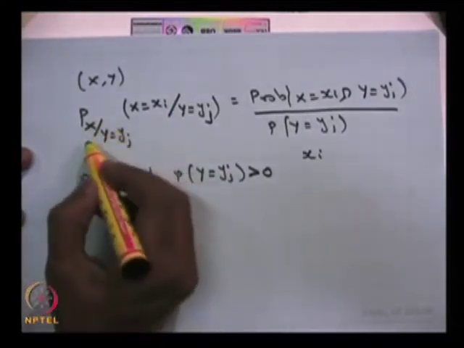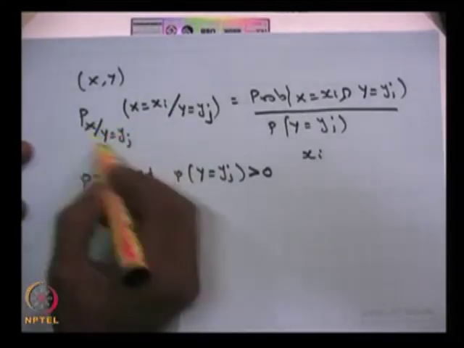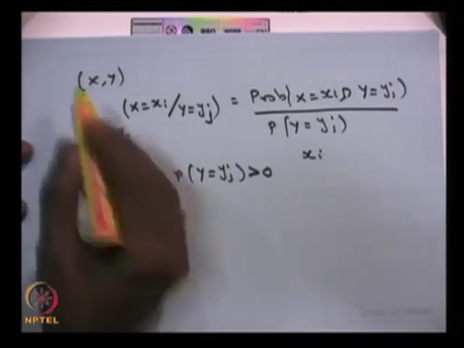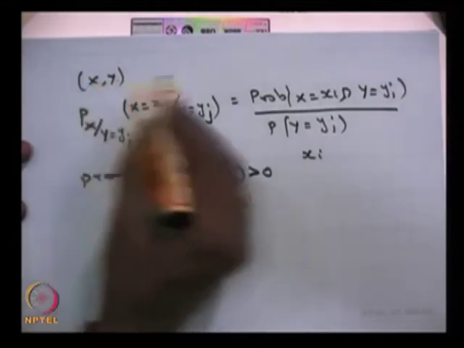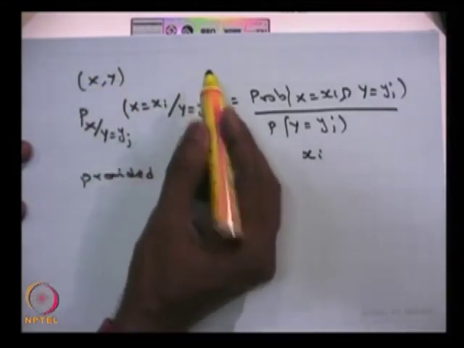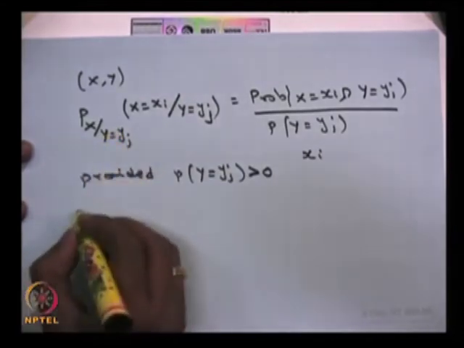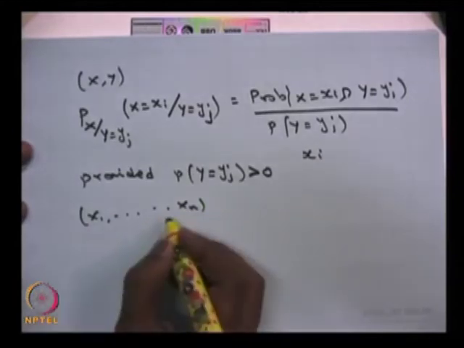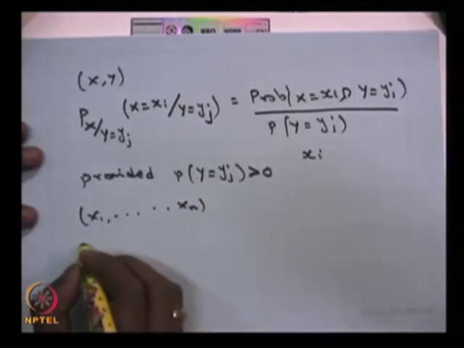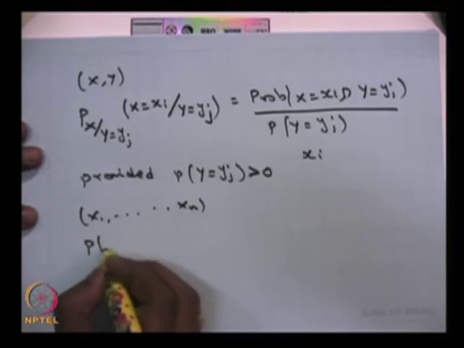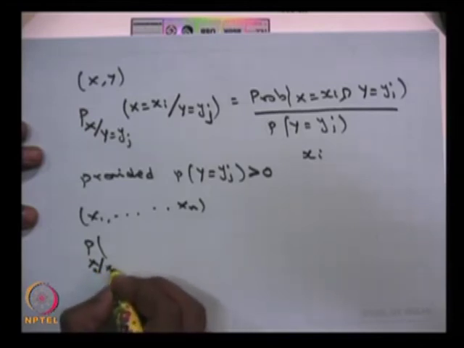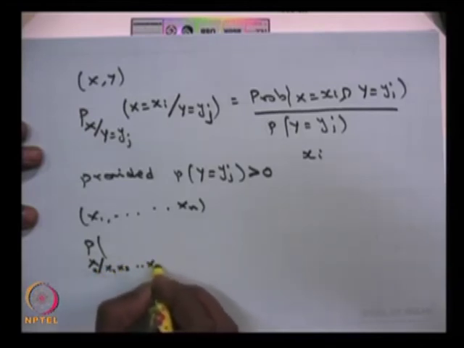So this we call a conditional distribution of X given the other random variable, and this logic can be extended to more random variables. If you have n discrete random variables X1, X2, up to Xn, then you can always define the distribution of Xn given that you know X1, X2 till Xn minus 1.